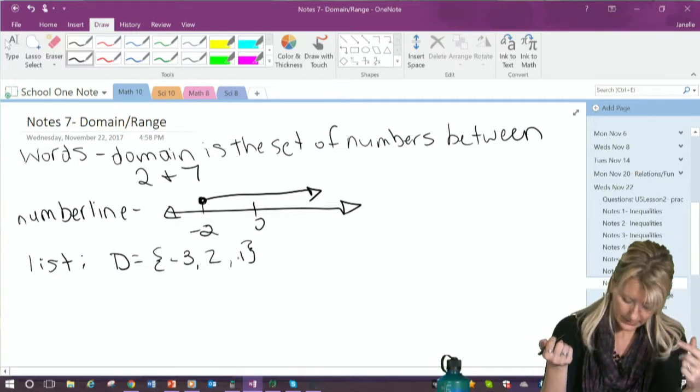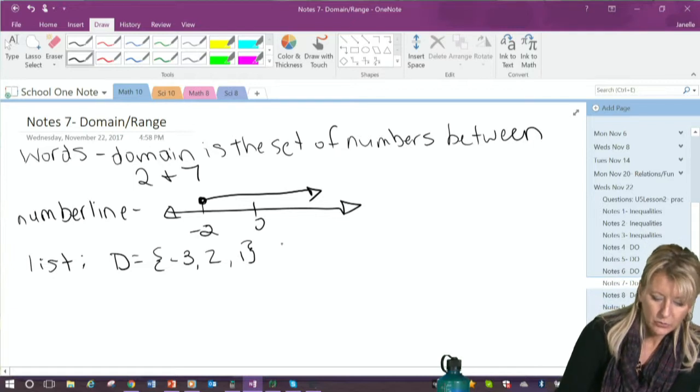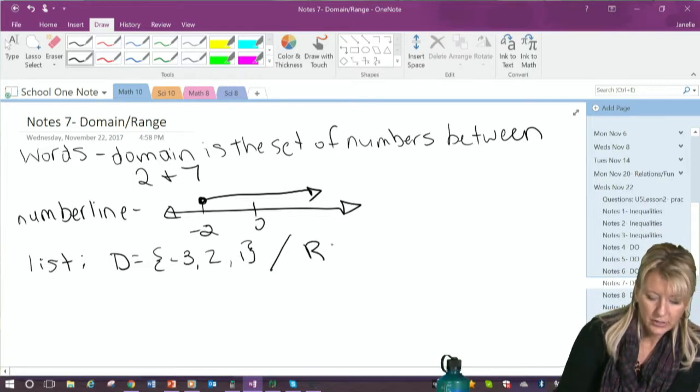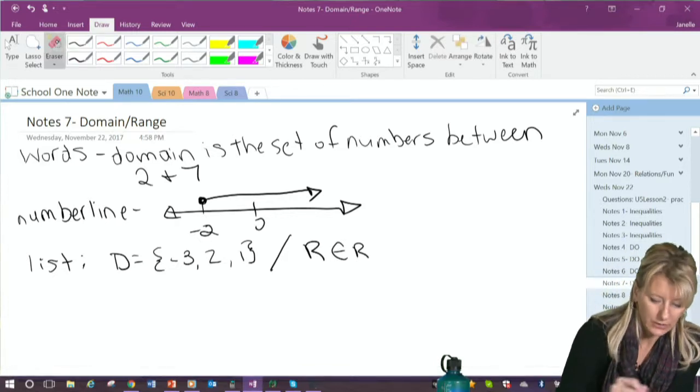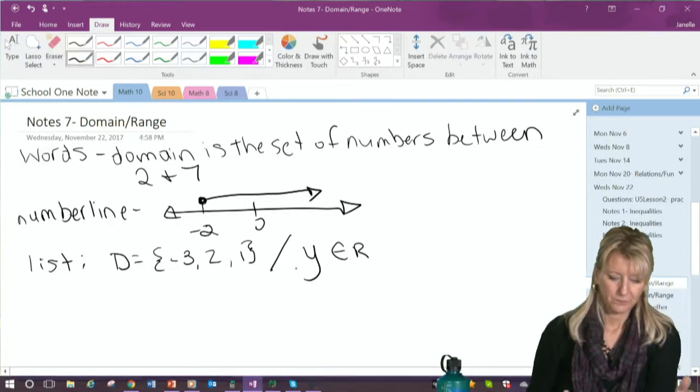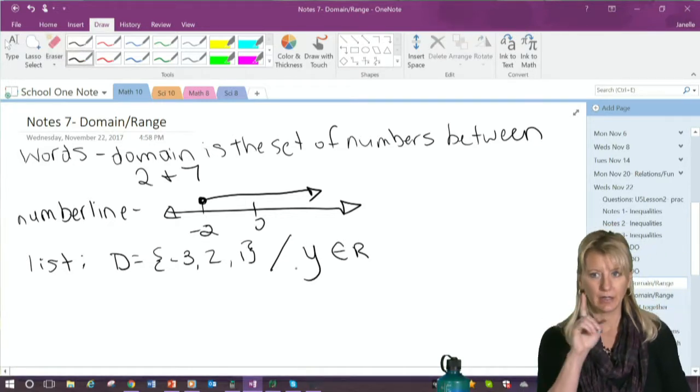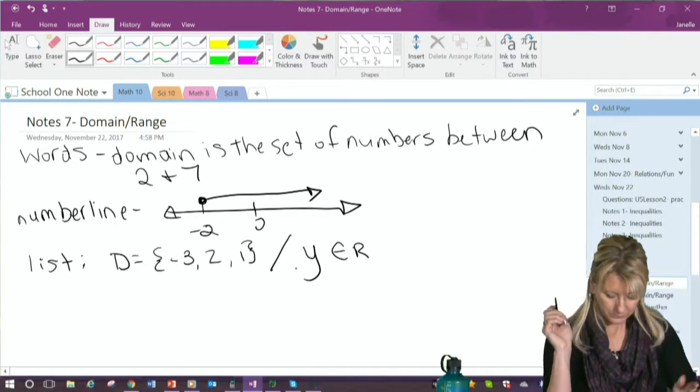It could also be that you say range is all real numbers, and I'll explain that in a bit. Actually, sorry, that should be a Y. I know you're going to ask what that is, Miss Mac. I'll tell you in a second, okay?